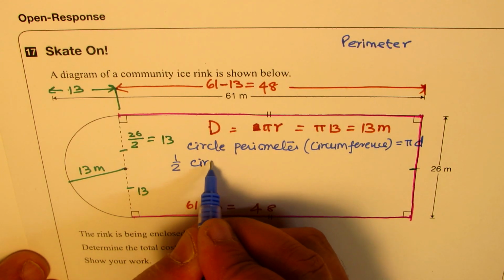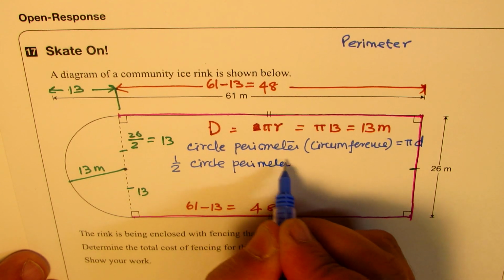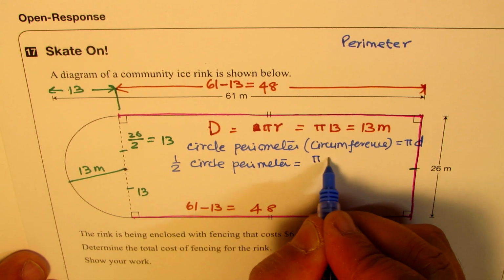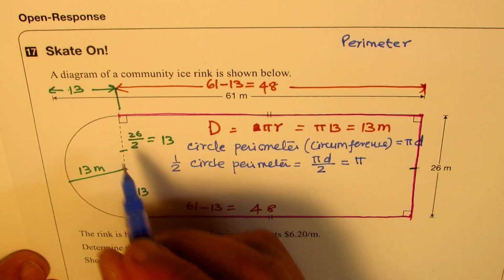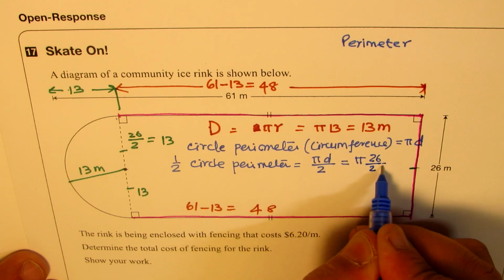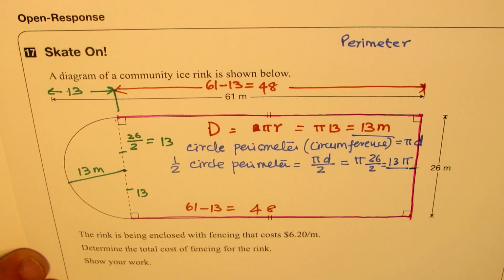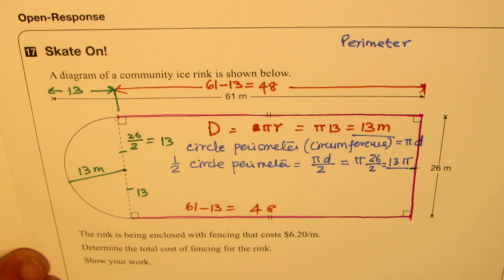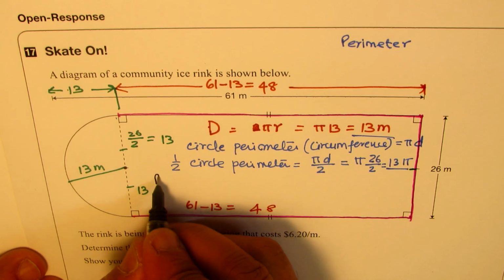So half circle perimeter equals pi d divided by 2. You could do it like this also, right? So pi times diameter, which for us is 26. You could do 26 divided by 2 and you get 13 pi. So same thing. Do you see that? That's an alternate way of doing it, correct? So now we can say what is our total perimeter, right? From here we can write, perimeter is how much?